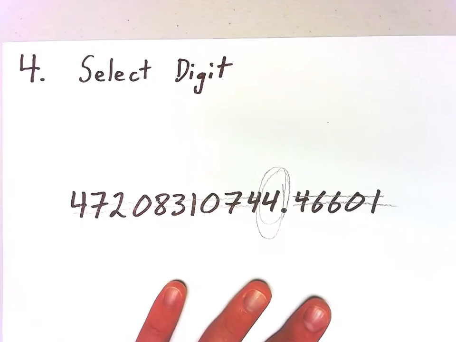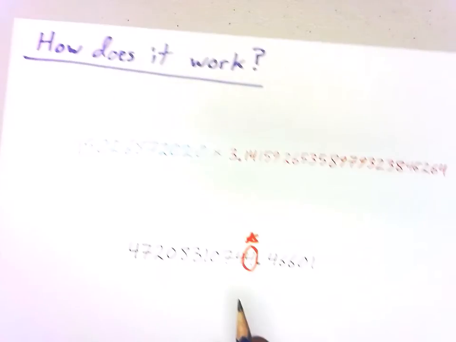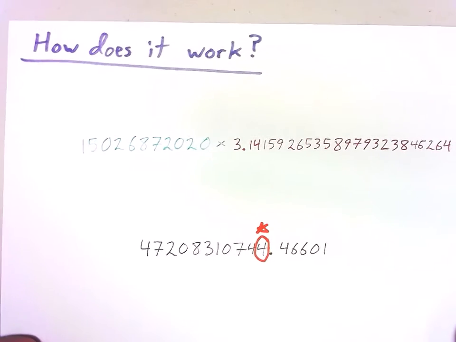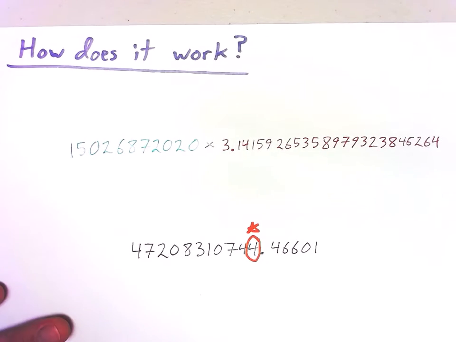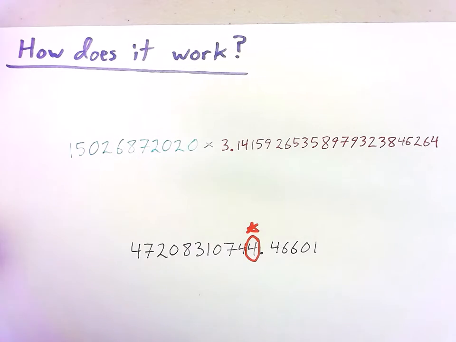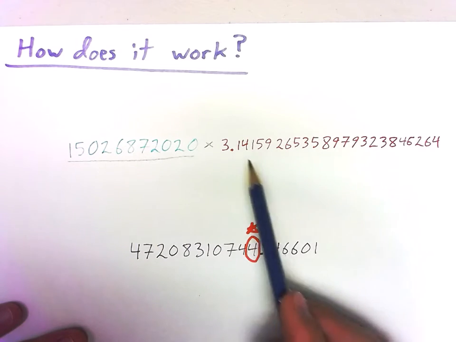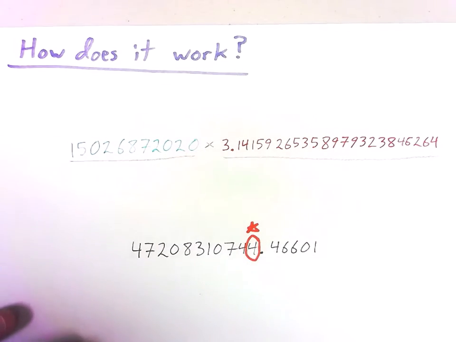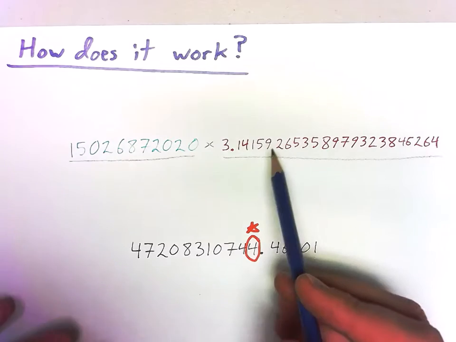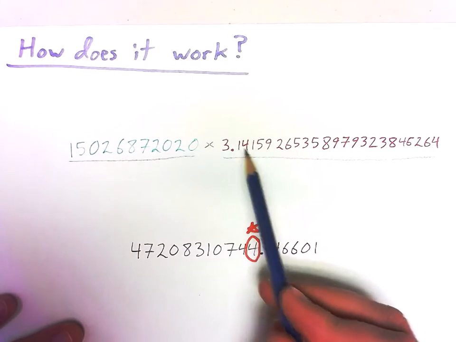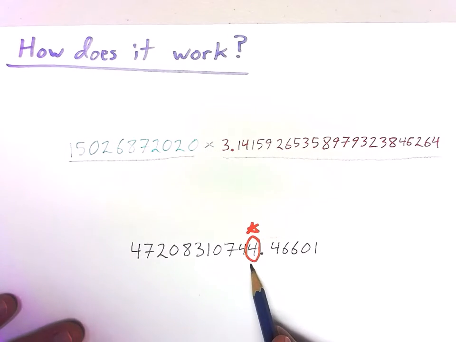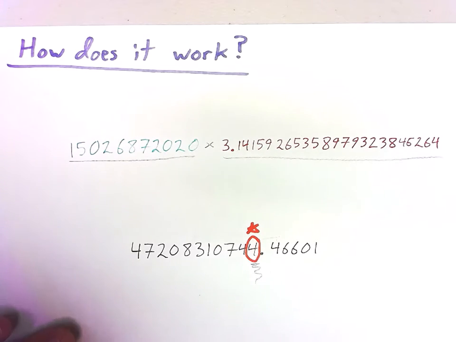And why that works, why that's actually pretty random and gives you a good shuffling of everything, is if you think about this number, the date number, and then pi, the only number we really care about is this one right here that's right before the decimal point.